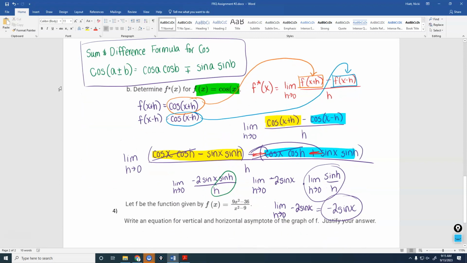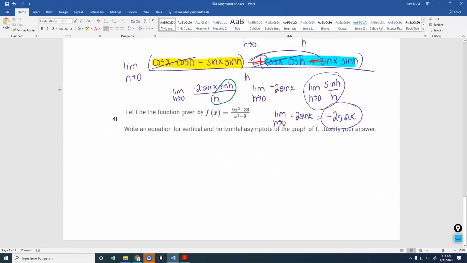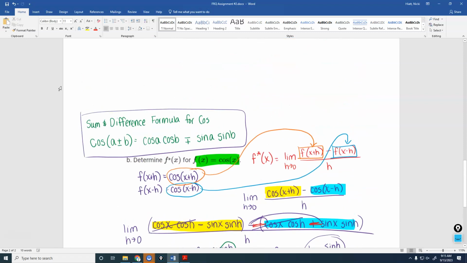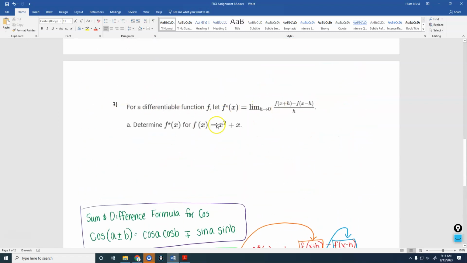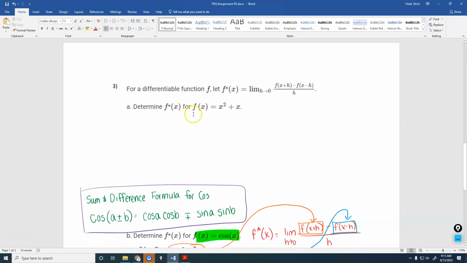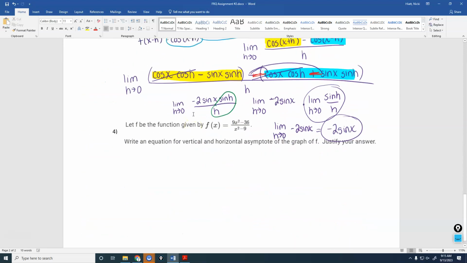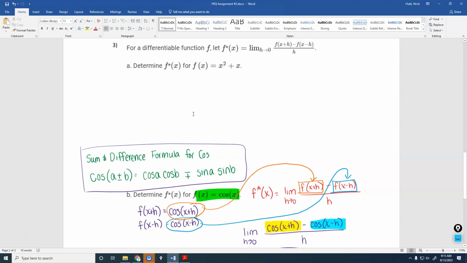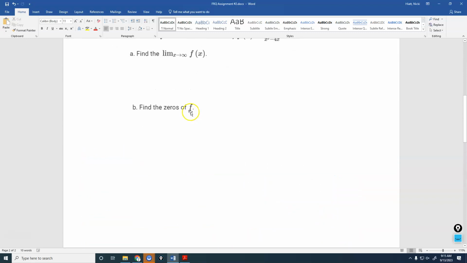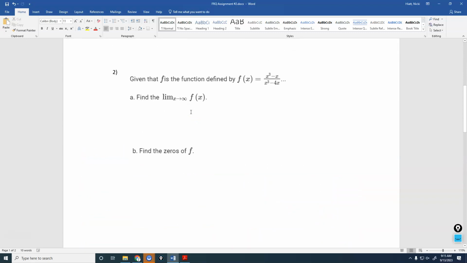Which one do you want? We kind of, I didn't finish 3A all the way, but I kind of started it. Or did I let you guys finish it? I think I did. 2B?